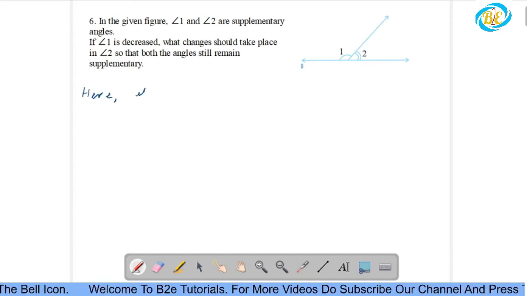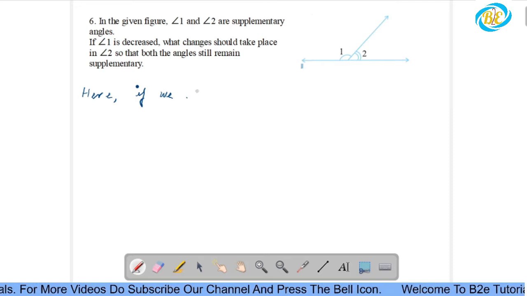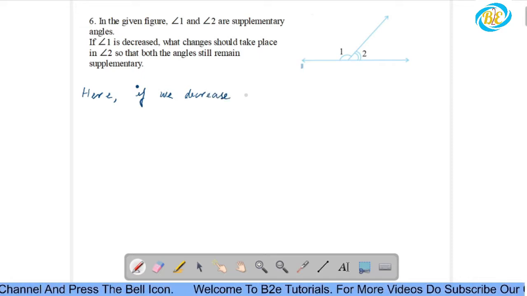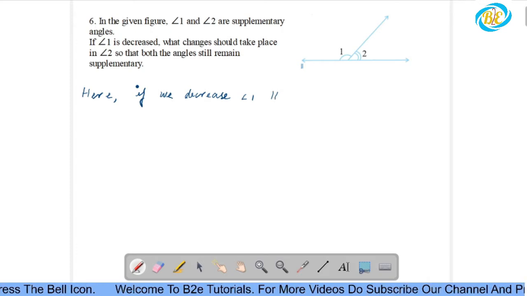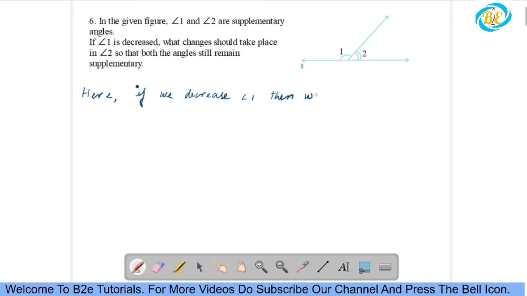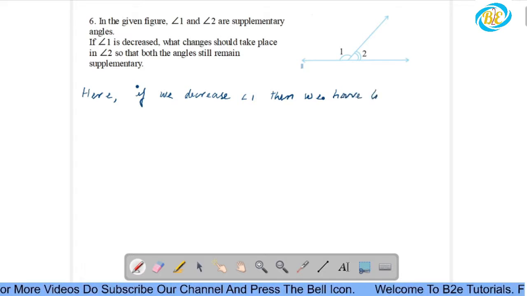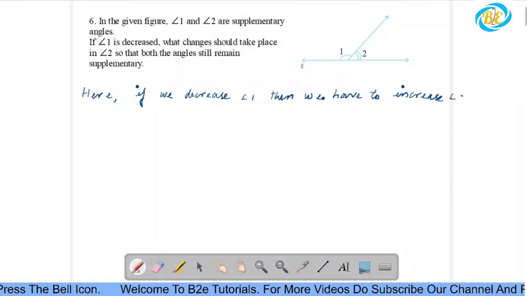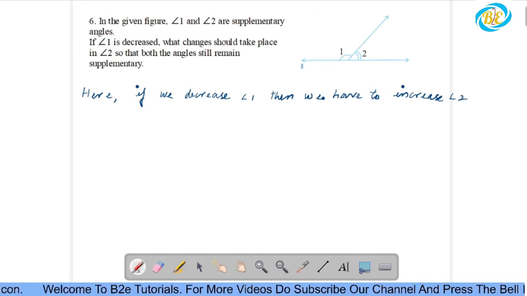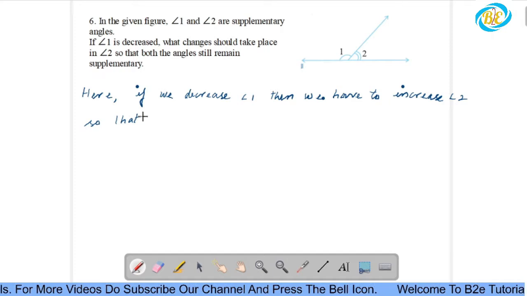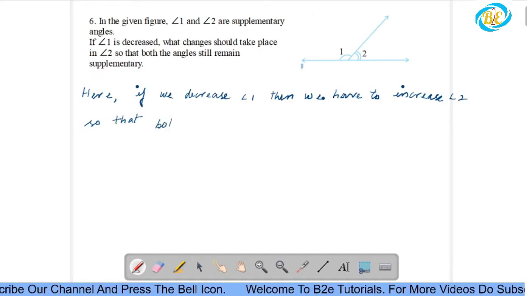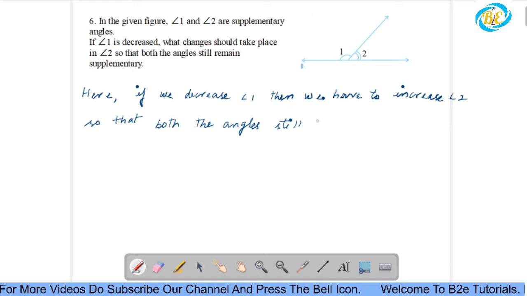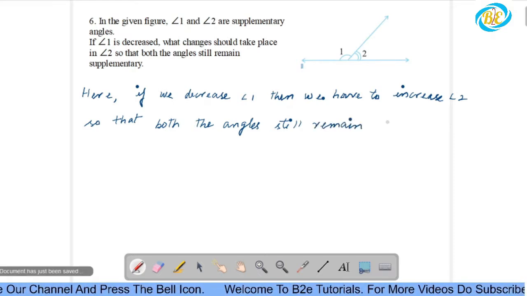Here, if we decrease angle 1, then we have to increase angle 2 so that both the angles still remain supplementary.